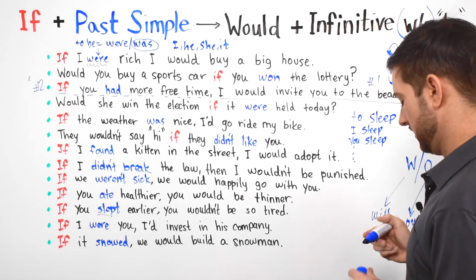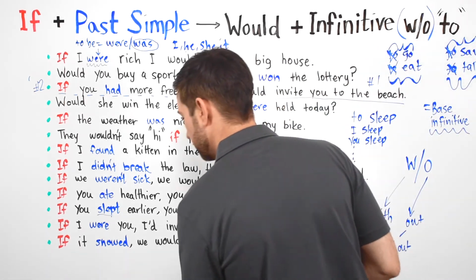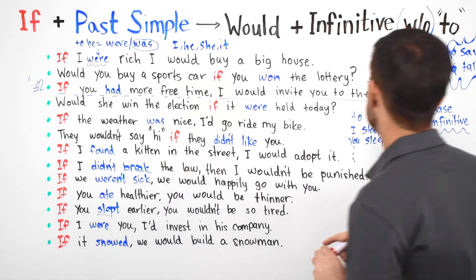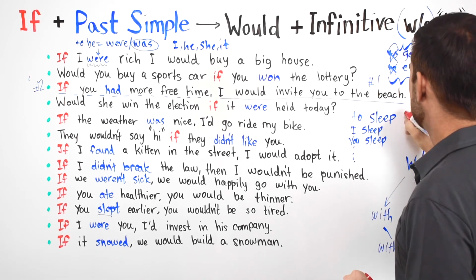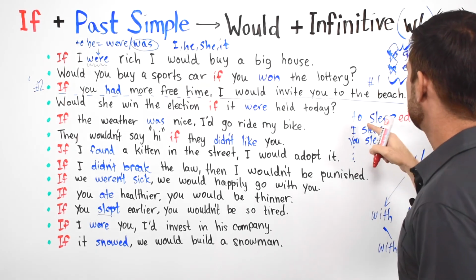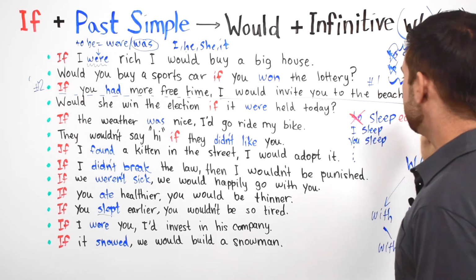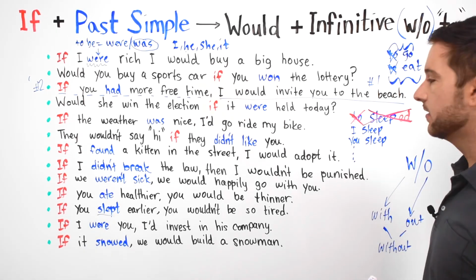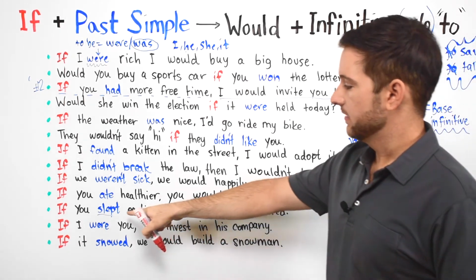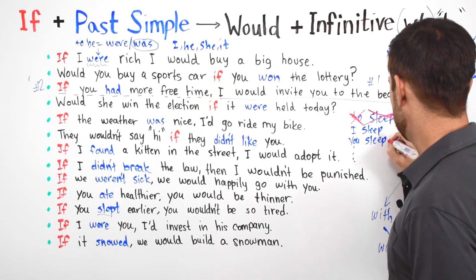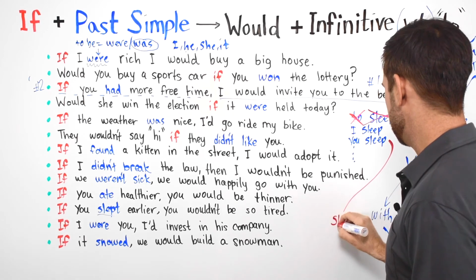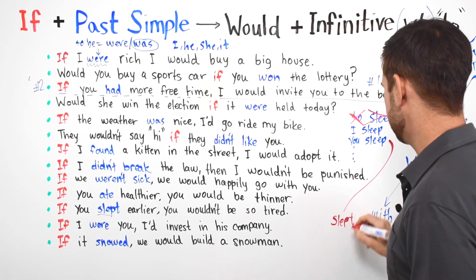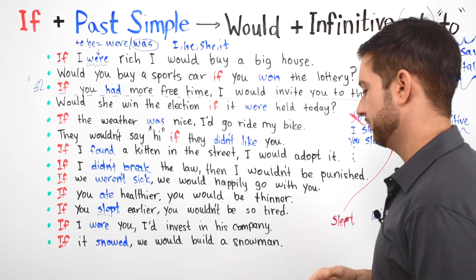For example, we normally make the past simple for regular verbs by adding ed at the end. Okay, but can you add ed here? Right? Sleeped? No, you cannot say that. We can't do that. Instead, we need the T. Okay? It becomes slept. S-L-E-P-T. Slept. Okay?